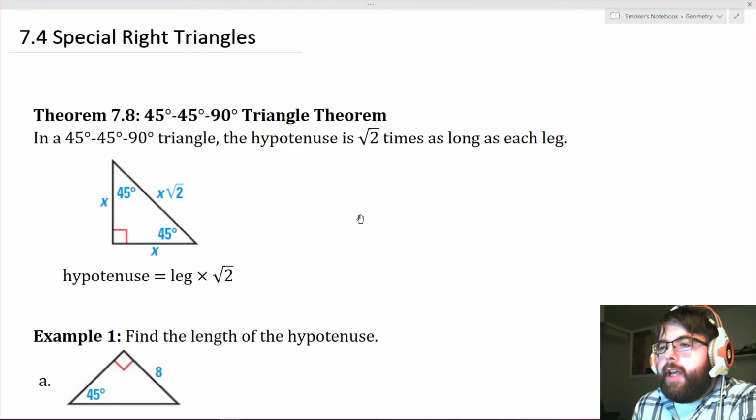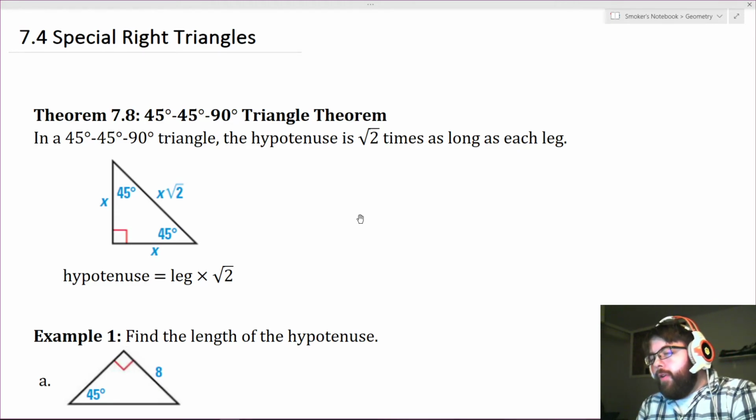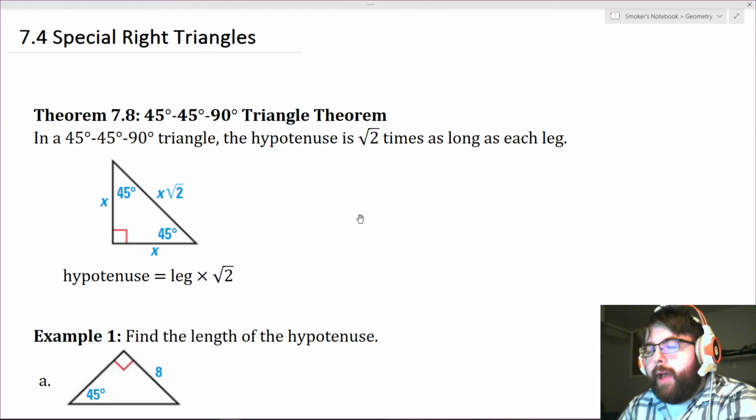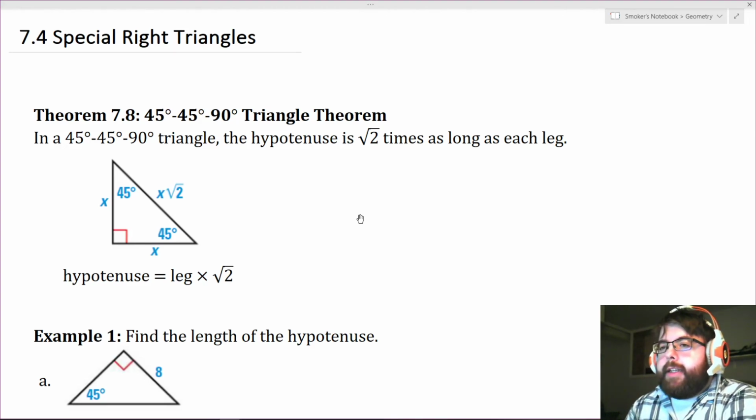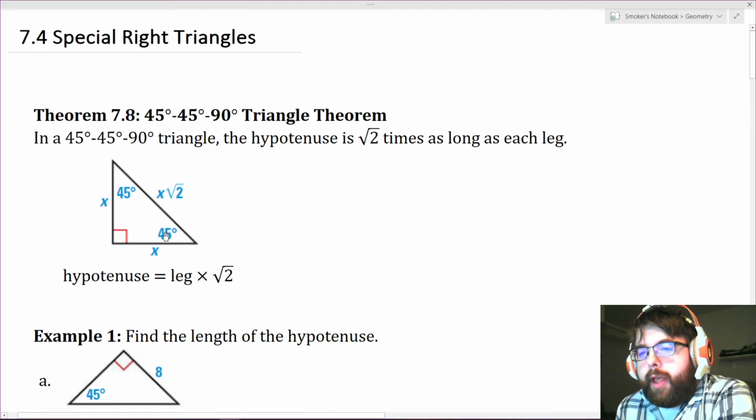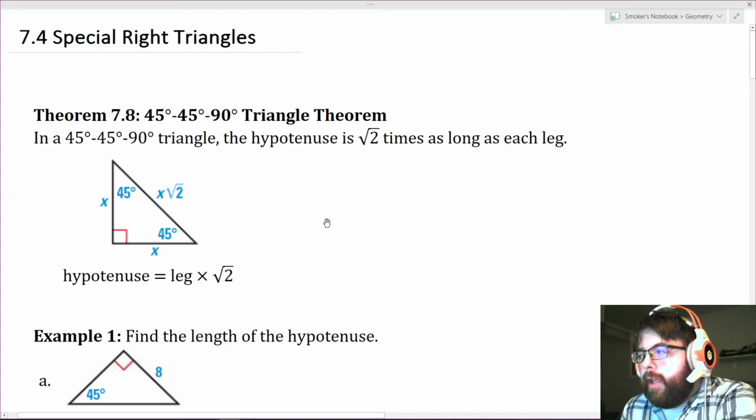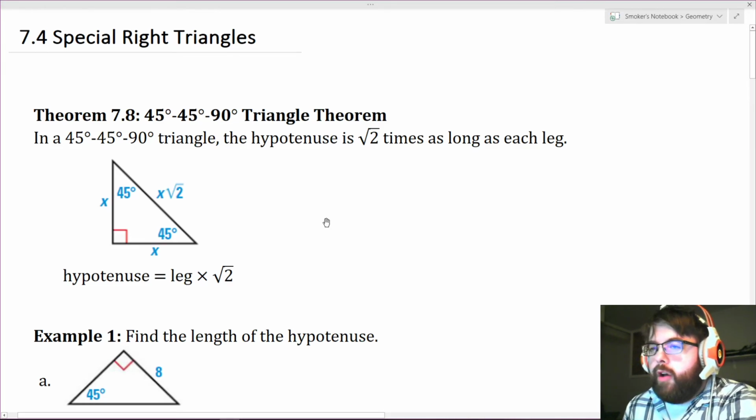What makes this unique is, if you remember, the other thing that we covered in the past was that the angle and the side opposite have a special connection, in that the smallest angle is opposite the shortest side, and the largest angle is opposite the longest side.